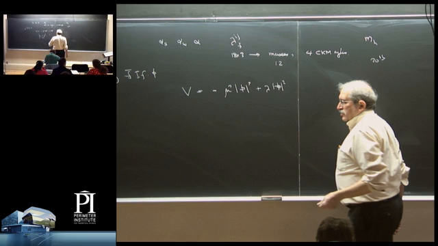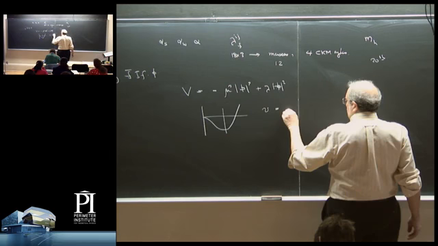And the minimum occurs at V, which is given by mu squared over lambda to the 1/2, and some factors of 2. So if you say that the minimum occurs at a value V over the square root of 2, then V is equal to mu squared over lambda to the 1/2. So this is all totally unambiguous.